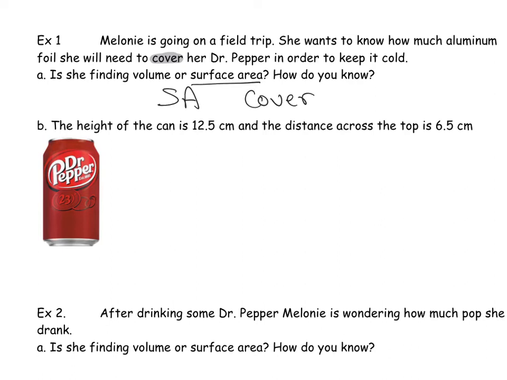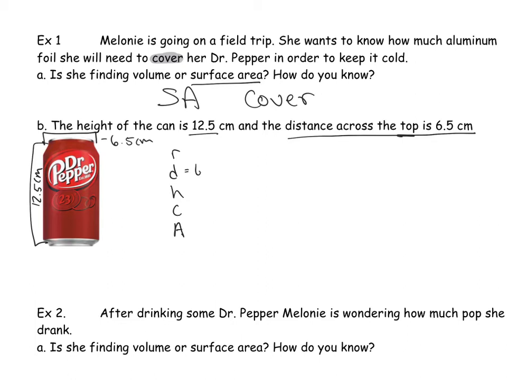All right. Now let's take a look at the problem. It says the height of the can is 12.5 centimeters. It says the distance across the top is 6.5 centimeters. The distance across the entire top, that is the diameter. So in our list, 6.5 will be our diameter.